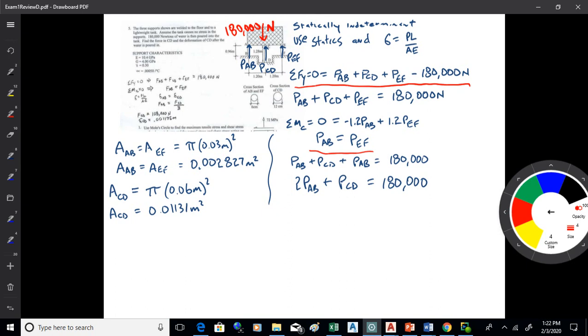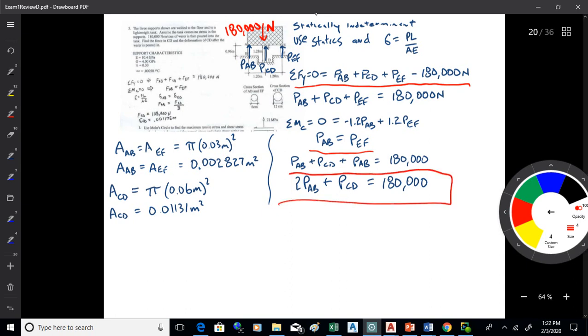So that's going to get me down, with statics, to one equation with two unknowns. PAB plus PCD plus PEF is 180,000, but PAB and PEF, because they're equally spaced from that central pillar and they have the same dimensions and material properties, are going to equal each other too. So what that means is 2 times PAB plus PCD is 180,000. That's as far as I can go with statics.